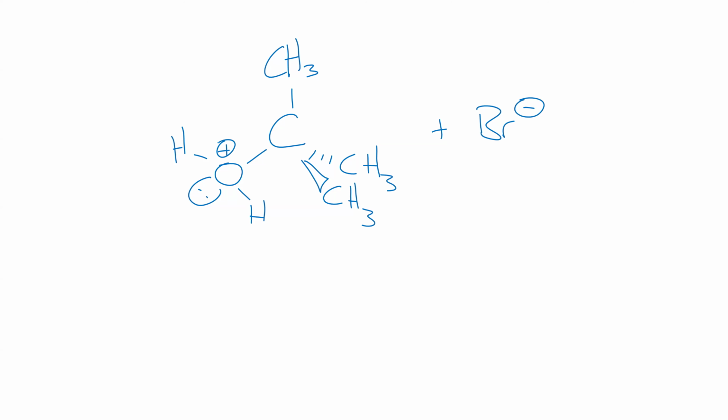So if our final product is actually the alcohol, what is our next step in this mechanism going to look like? What type of step do you think it might be? Does the bromine come back in? Or does it stay bye-bye? It plays a role.